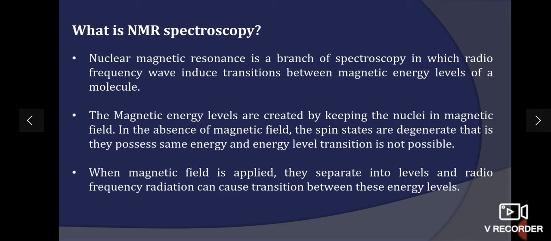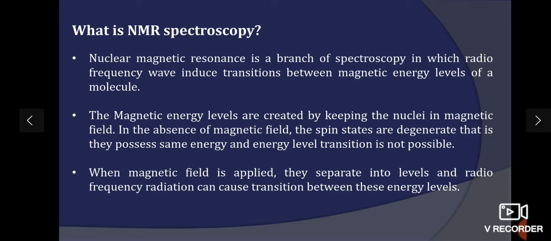So what is the criteria for a molecule to be active in NMR spectroscopy? Here we have to concentrate on the spin quantum number, whereas in IR spectroscopy we went through the vibrational quantum number, and in microwave spectroscopy, the rotational quantum number.